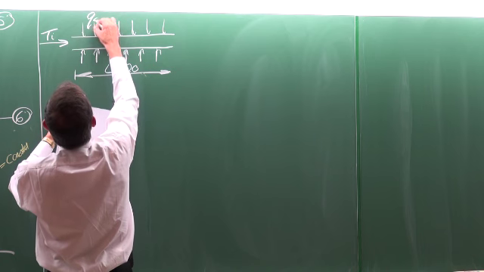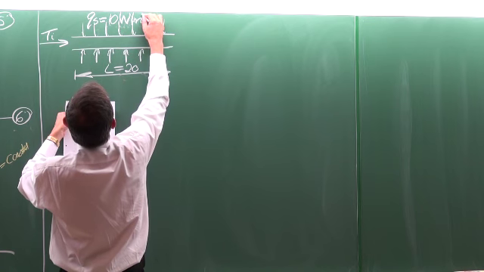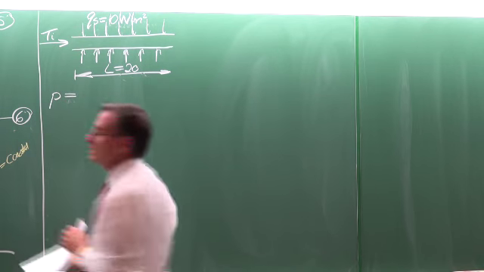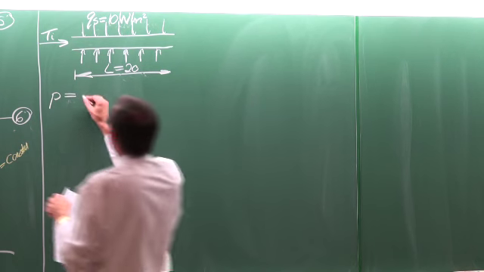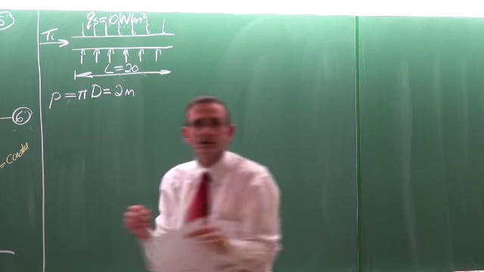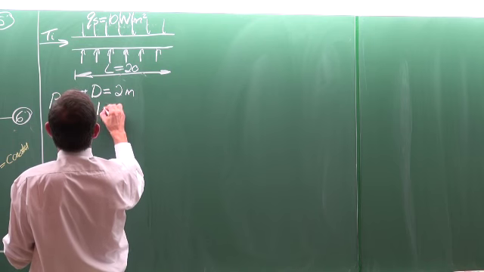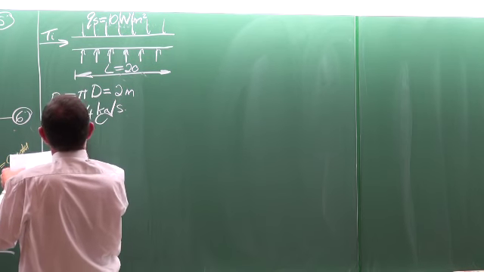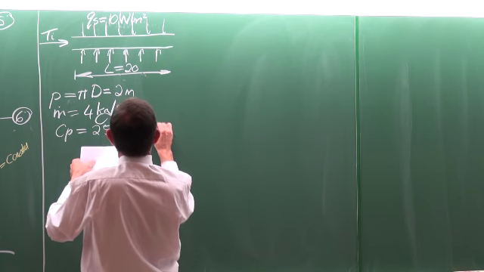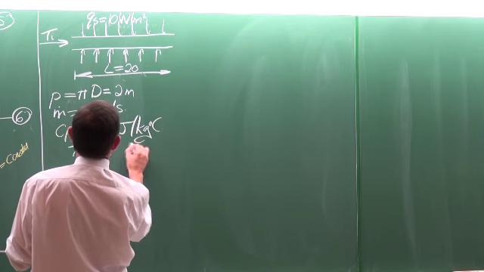The heat flux Qs is equal to 10 watts per square meter. I've chosen the perimeter, which is equal to pi multiplied by the diameter, as equal to 2 meters. The mass flow rate is 4 kilograms per second. The Cp value is 25 joules per kilogram degrees Celsius, and the inlet temperature is equal to 5 degrees Celsius.